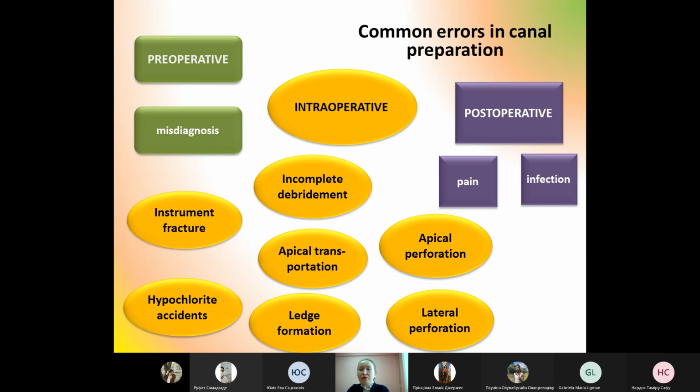So all of this should be kept in mind in order to prevent these errors. But just a few of them are placed here. Of course, if to think more, we can find a few more possible mistakes and complications.